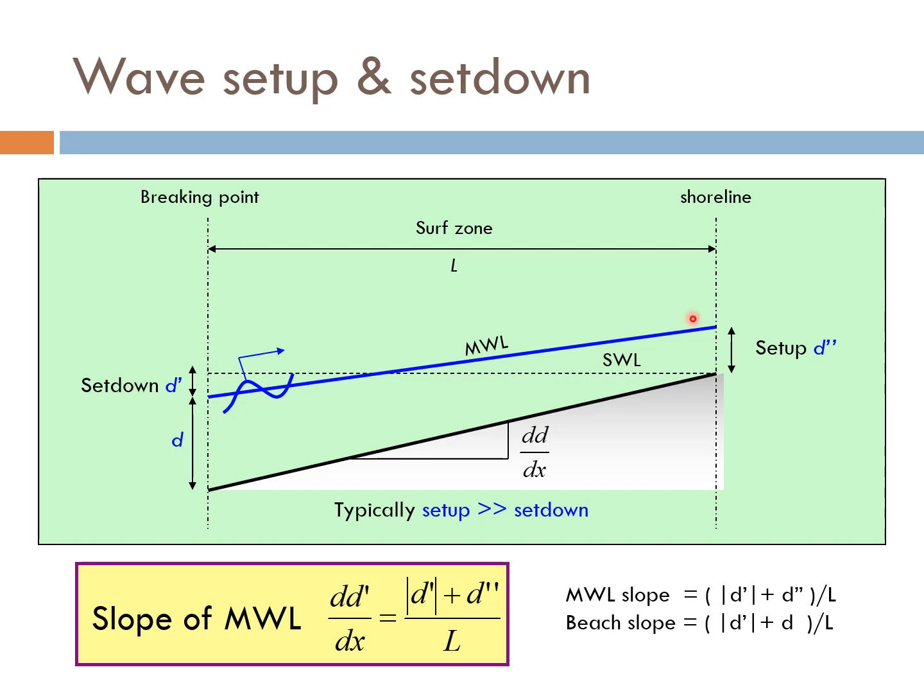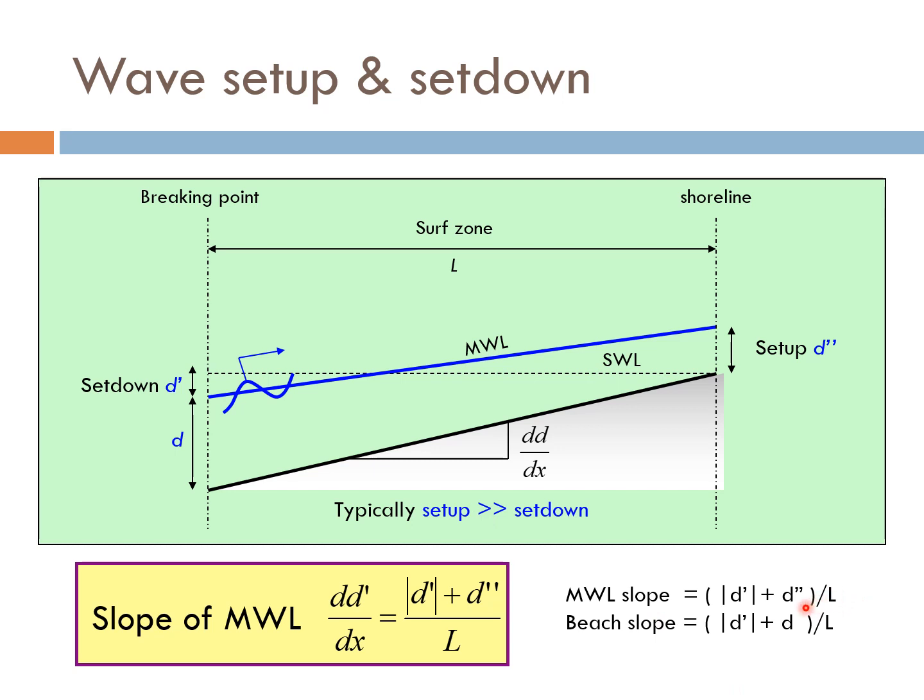So due to the set up and the set down, we have the mean water line, which is now in this orientation over the distance L in this surf zone. So the water depth changes and is represented by D at the breaker point. Now, if we look at the geometry of this figure carefully, we will see that the slope of the mean water line is given by a triangle whereby the vertical is d double prime plus d prime.